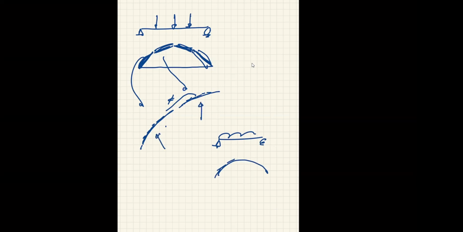So we have two equations. At this point where the point load is applied, the slope must be the same, because it's a continuous point. But after this point, the rate of change of the slope of the curve will be different.